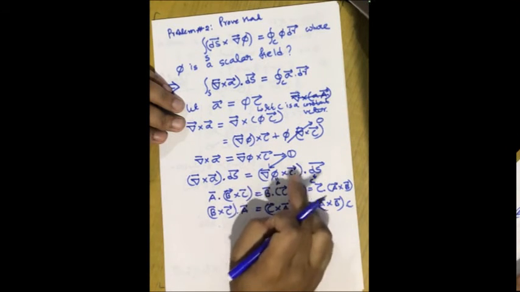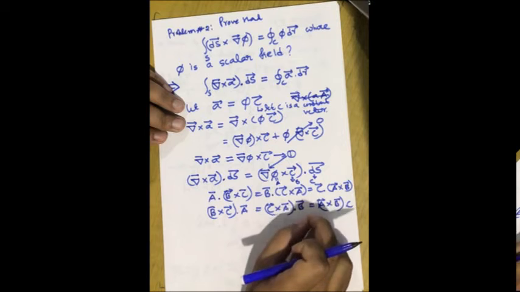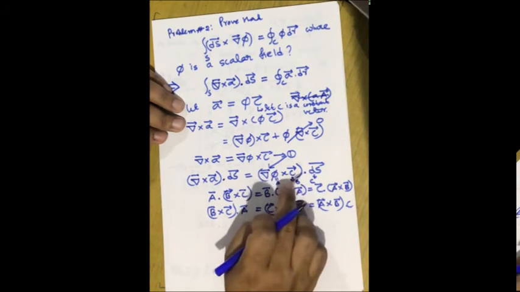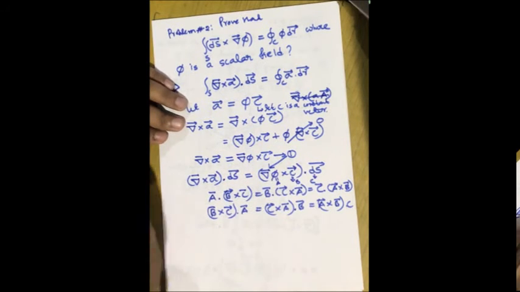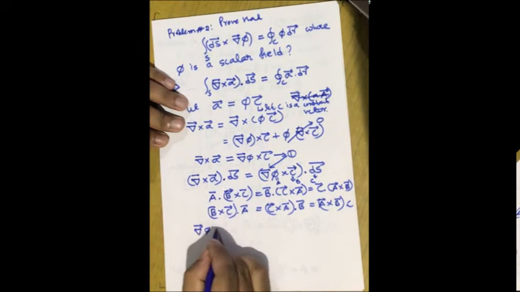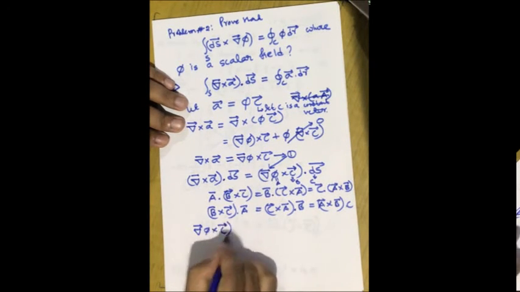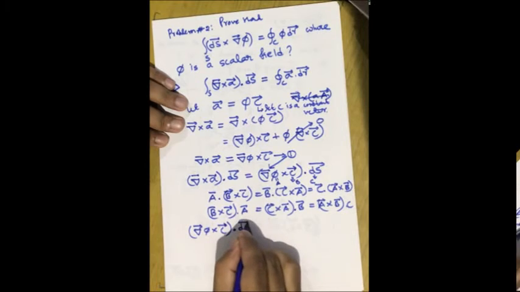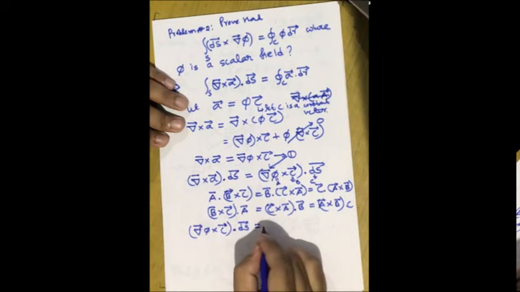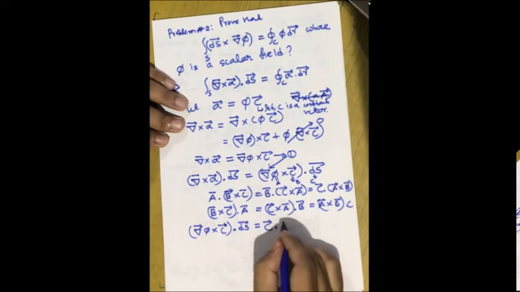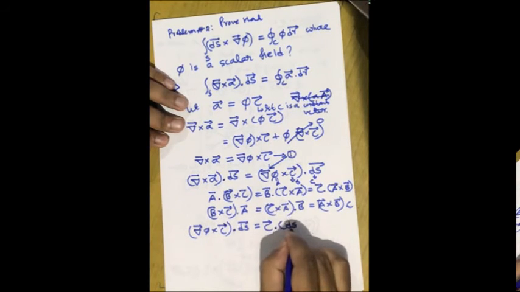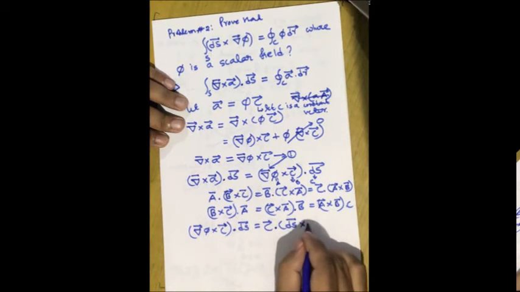So using this rule of the vector triple product, we have to rewrite this expression. Using this vector product rule, we can write del phi cross C dot ds vector is equal to C dot ds cross del phi.